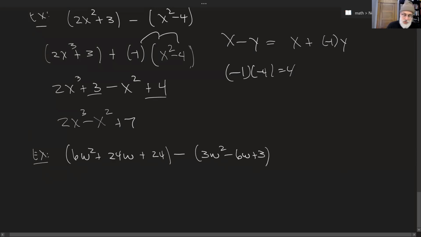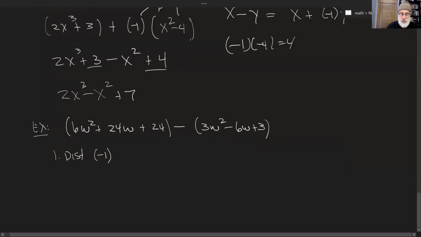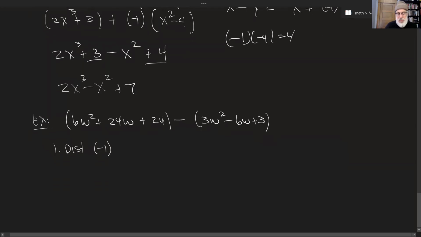So the first thing we want to do is distribute the negative sign, or the -1, throughout the second polynomial in order to keep track of the idea that we're subtracting each term.